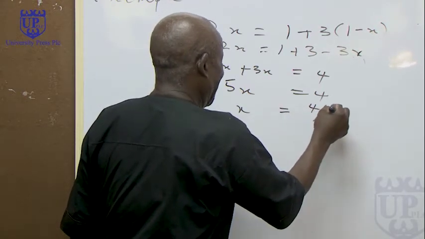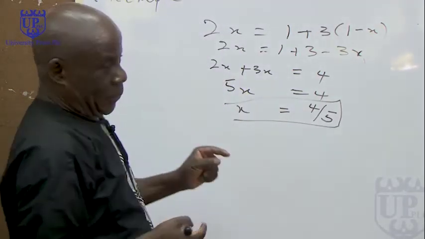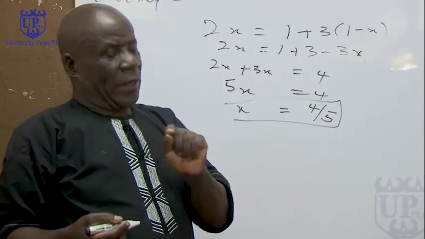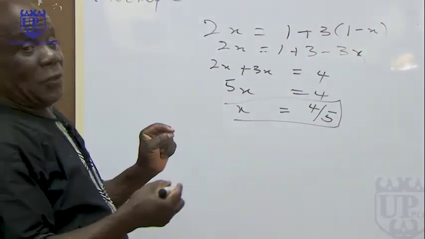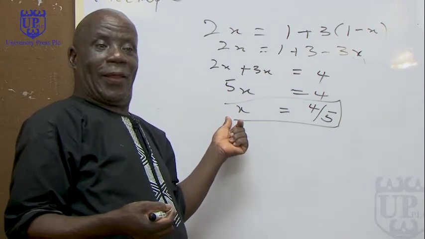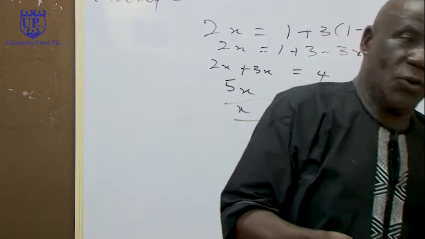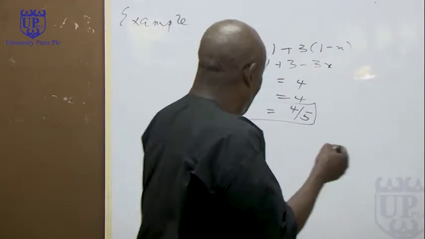4 over 5. You leave it like this or you change it to decimal. Please, I want to advise you. If it happens that the value of x is something like 1 over 3, but because you are in a hurry, I want to give an example.